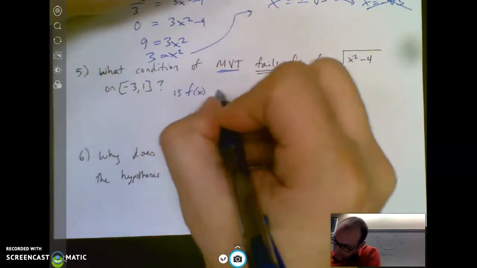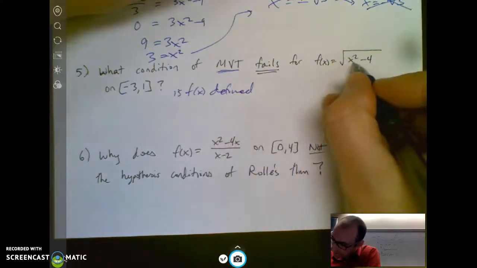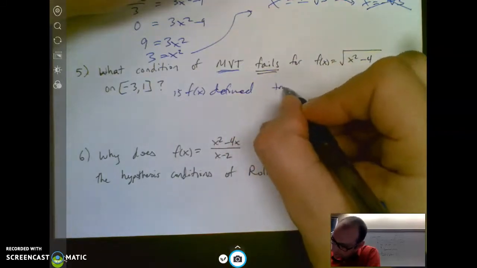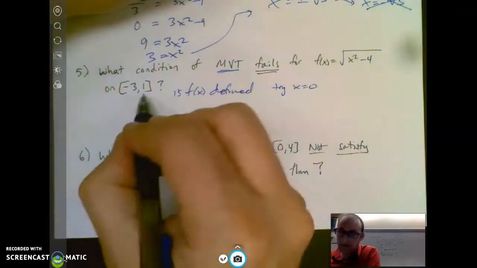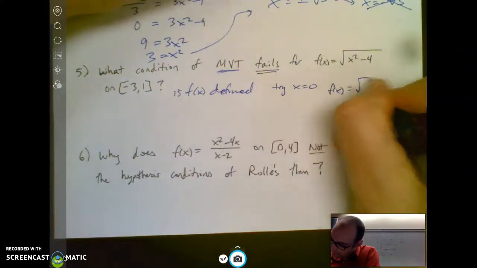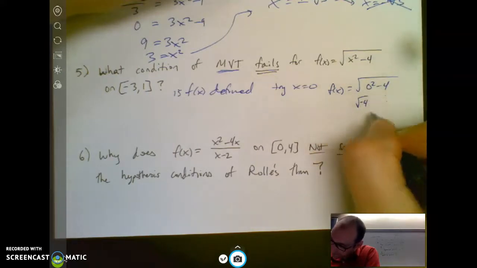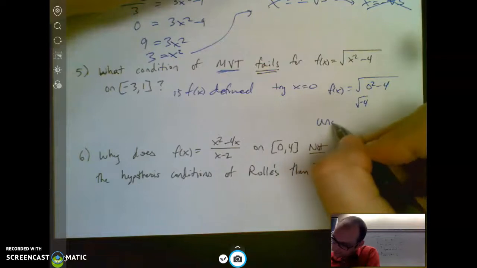If I put a 0 in here, I could try any point on here, but if I tried x equals 0, you're going to have the square root of 0 squared minus 4, also known as the square root of -4, that's undefined.